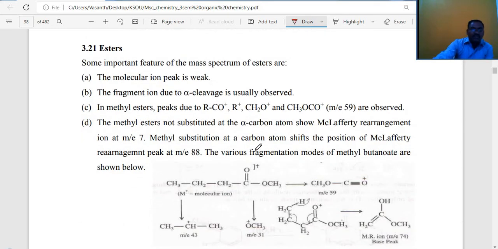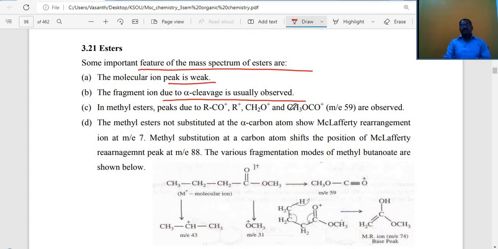Now esters. The important features of ester molecules are mentioned here. The molecular ion peak is weak. The fragment ions due to alpha cleavage are usually observed. In methyl esters, peaks due to RCO+, R+, CH2OH+ and CH3OCO+ are observed.